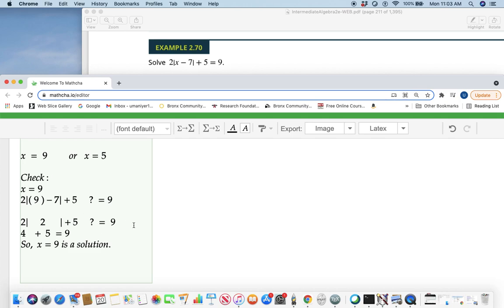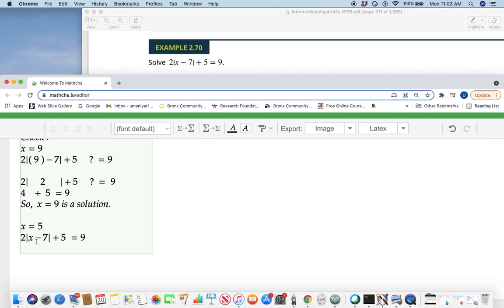Let's check x equals 5 in the same equation. Substitute x equals 5. So place parentheses first and then fill it in with 5. You are checking, so you don't know whether they are equal. Now, multiplication of course takes precedence over addition, but you have a grouping symbol, so that has to be evaluated first. All right.